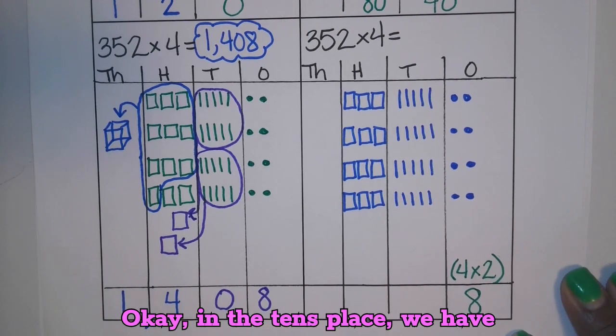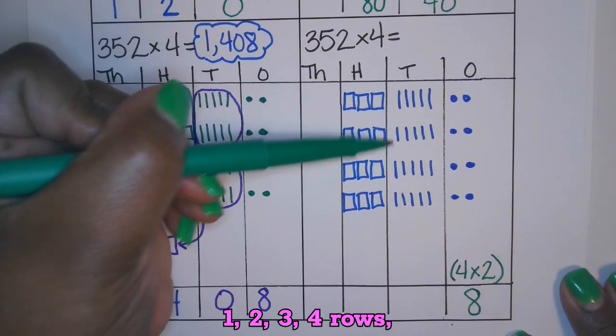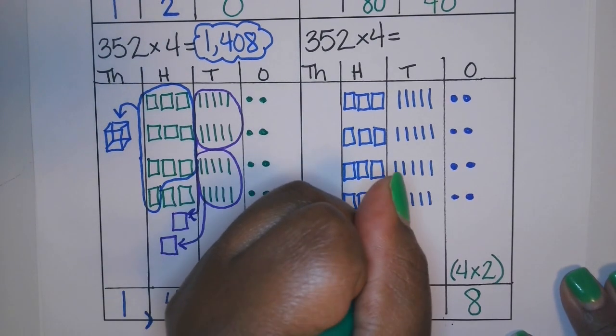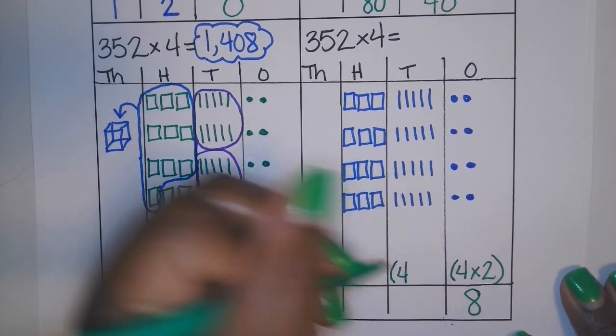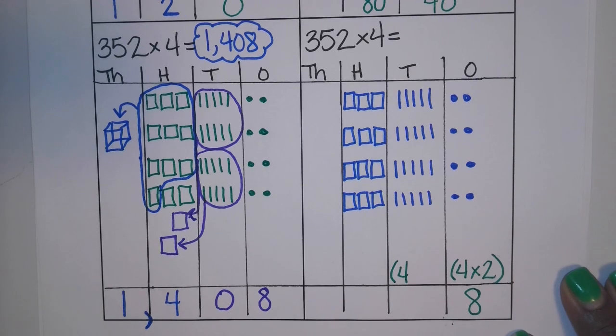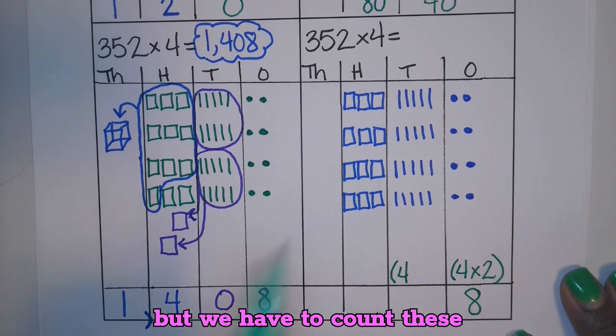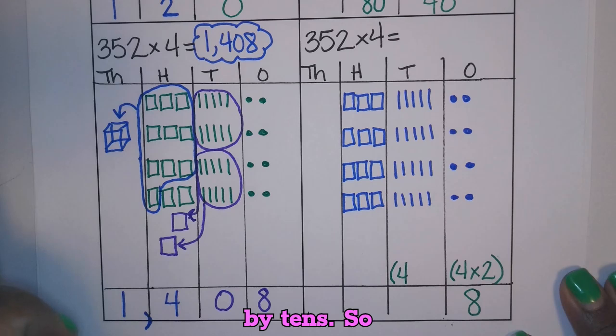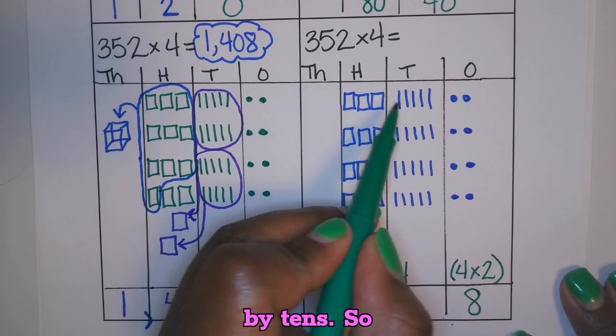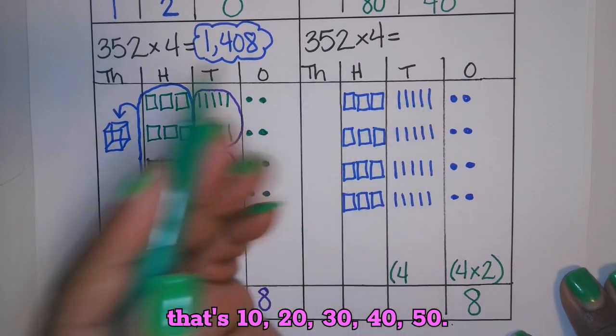Okay, in the tens place, we have 1, 2, 3, 4 rows. But we have to count these by tens. So that's 10, 20, 30, 40, 50.